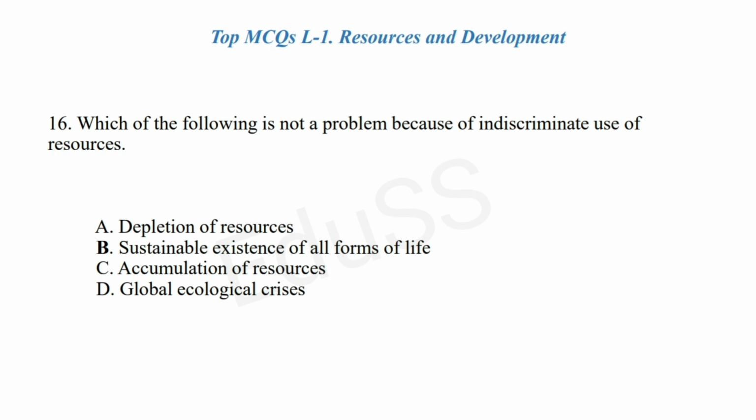Which of the following is not a problem because of indiscriminate use of resources? Now here we need to understand what are the problems of indiscriminate use of resources. The problems are depletion of resources, accumulation of resources, and global ecological crisis.